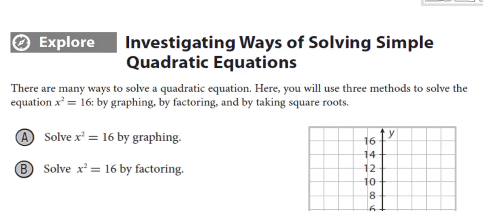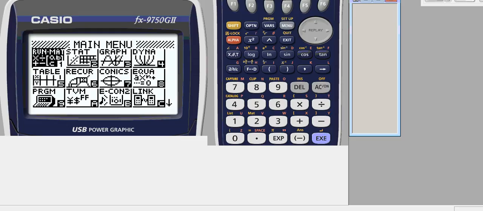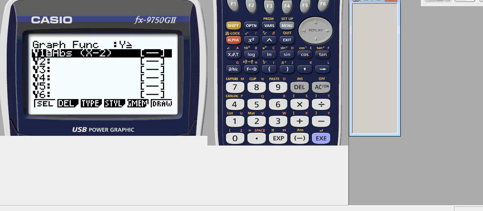And if you want to solve by graphing, you could use a graphing calculator. You go over and you're going to type in the equation, x squared equals 16. There's two ways you can do that.